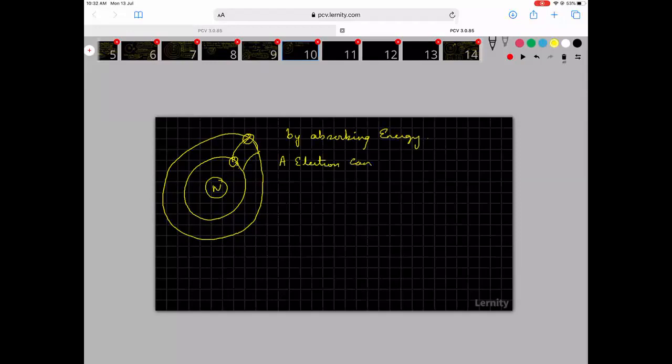An electron can jump from a higher orbit to a lower orbit.